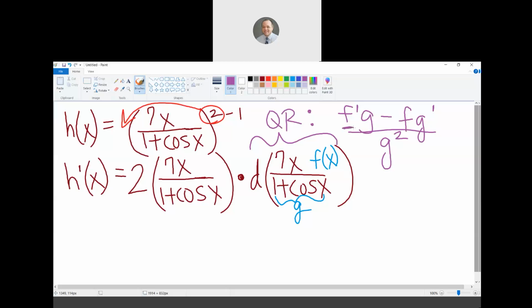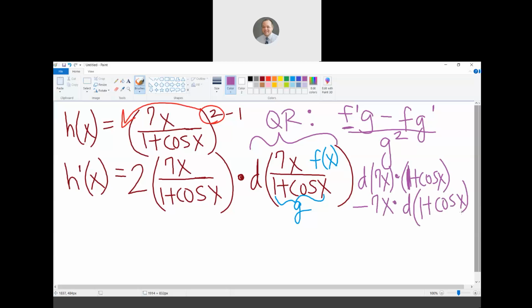Now let's fill in everything into our quotient rule. The derivative of f, or derivative of 7x, times g of x, or 1 plus cosine x, minus f, or just 7x, times the derivative of 1 plus cosine x, or g, and that is all over g squared, or 1 plus cosine x quantity squared.